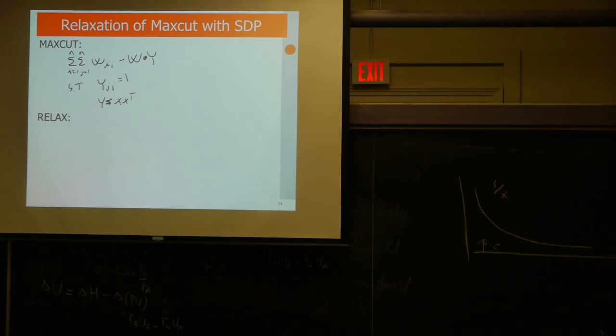From this it follows that all elements of this vector x have to be -1 or 1. So it's still the same problem, but it's not an SDP yet. So any ideas how we can make it an SDP?